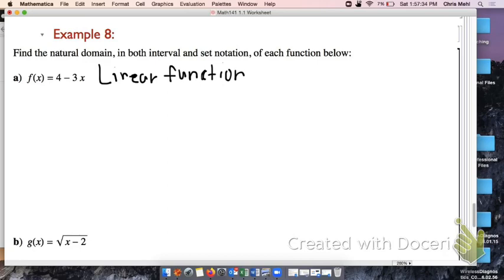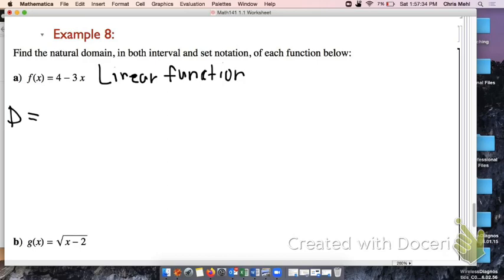The only times you'll have to omit values from the domain is if your function includes fractions or quotients or radicals, like even square roots, fourth roots, sixth roots, etc. For this function, the domain ends up being all real numbers because 4 minus 3x will always be a real number for any real number x.